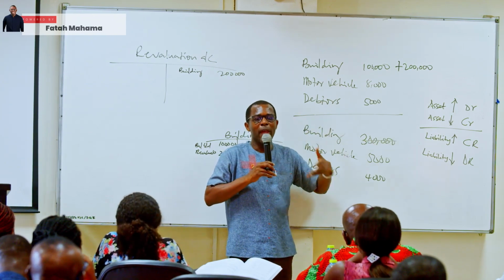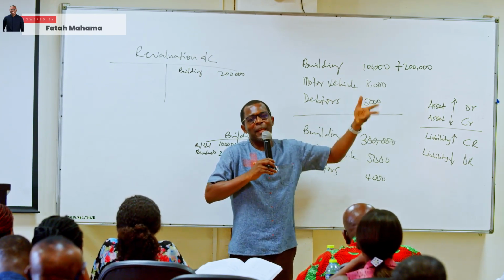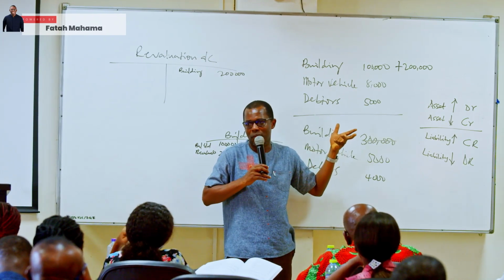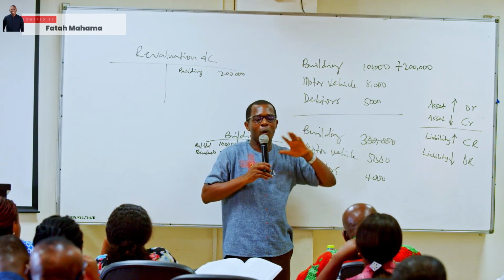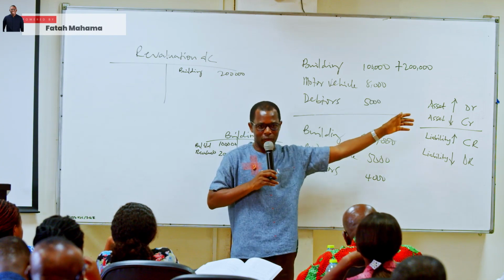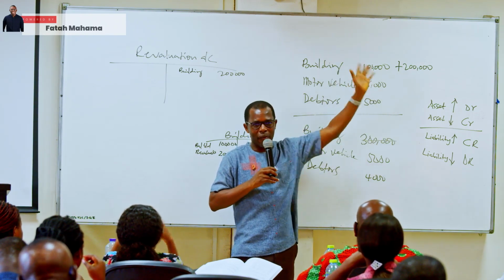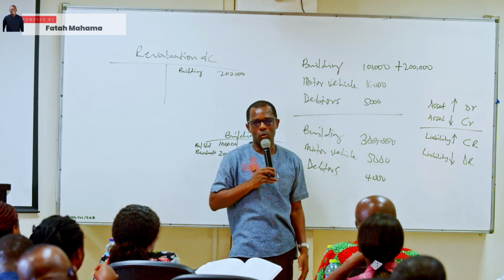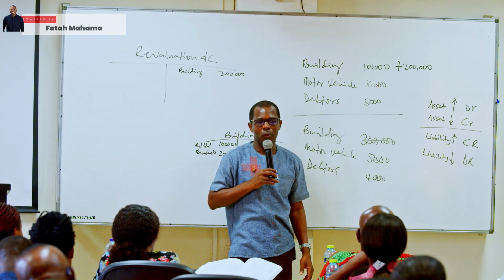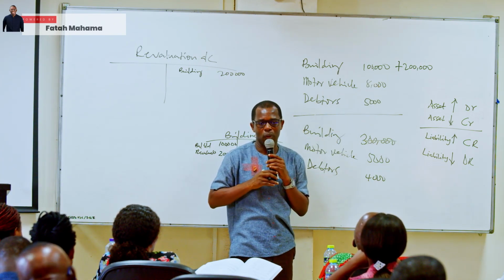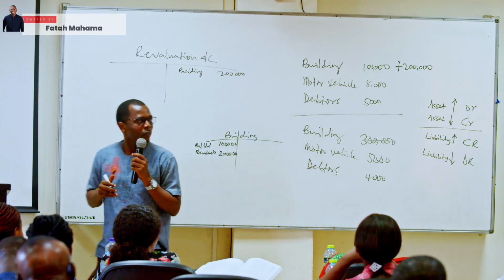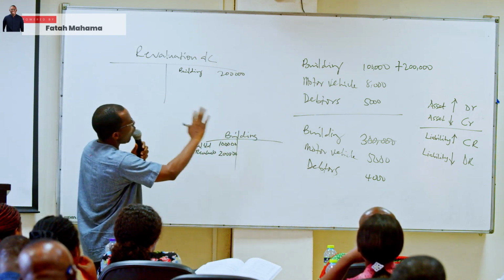The only way they can go up is further debits, because it's debit. All liabilities are credit. The only way they can go up further is further credit. The opposite is true. So we will do this for all the assets.